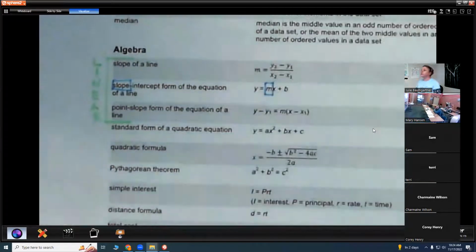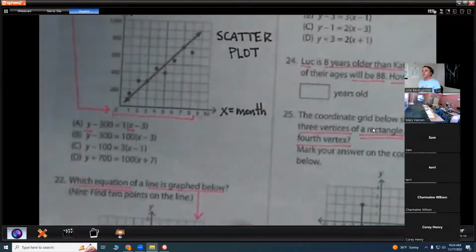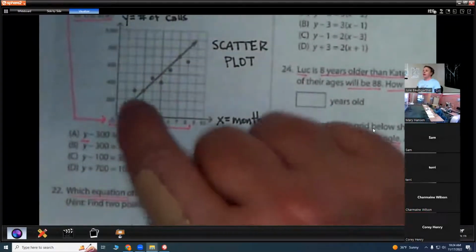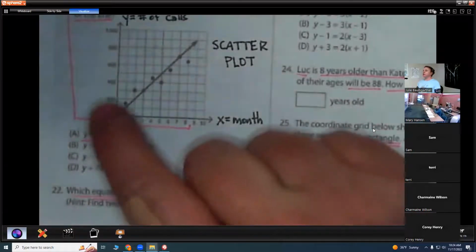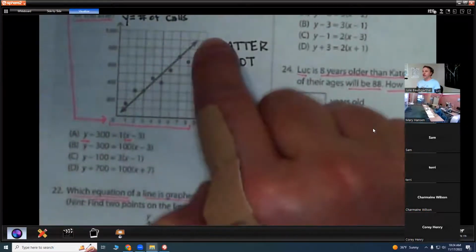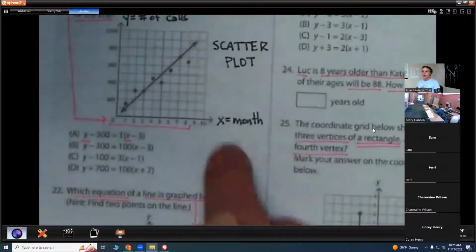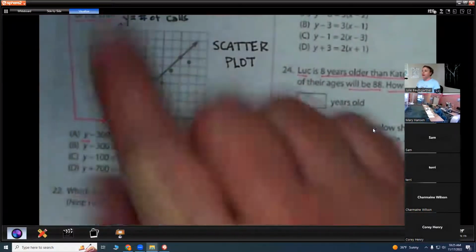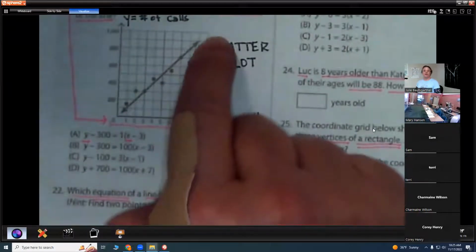Does anyone know what we mean by slope? That's another key thing to know about lines, right? So the slope has two parts. It's not only the direction that the line is moving, either left to right or right to left. That's part of the slope, and then also the steepness of the line.